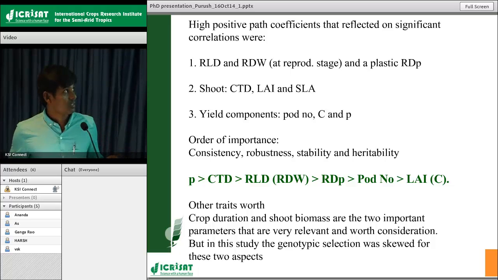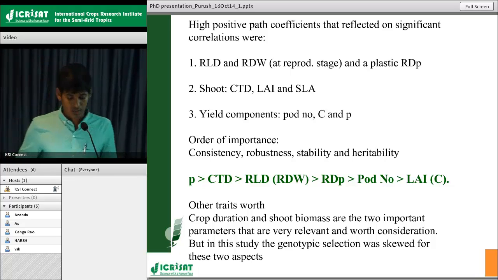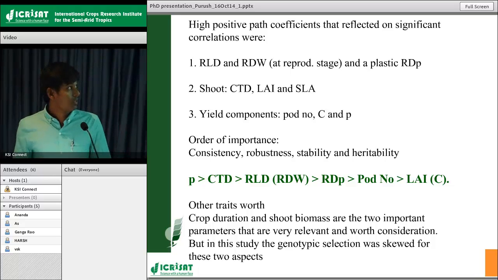Among the yield components, the pod number per area, the crop growth rate, and the partitioning coefficient showed a significant and also positive path coefficient effect. Therefore, the order of importance based on consistency, robustness, stability, and heritability, we have ordered the traits as the partition coefficient followed by CTD and RLD.